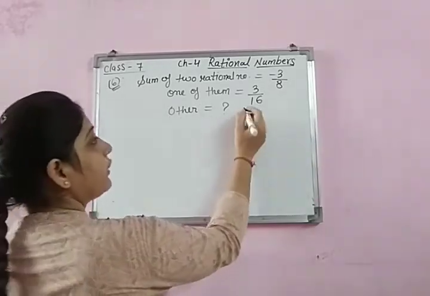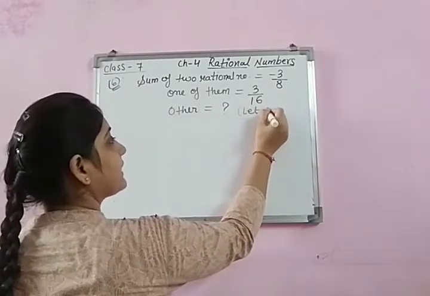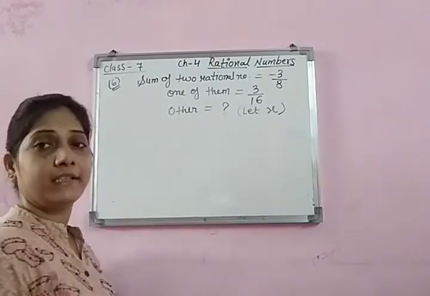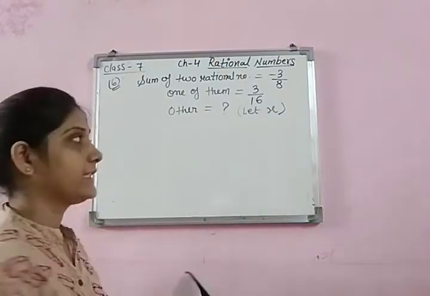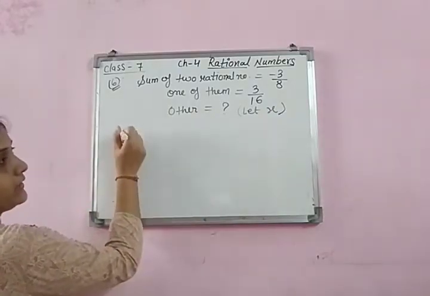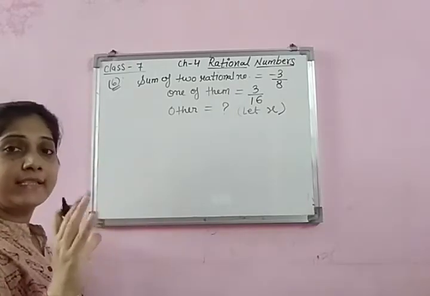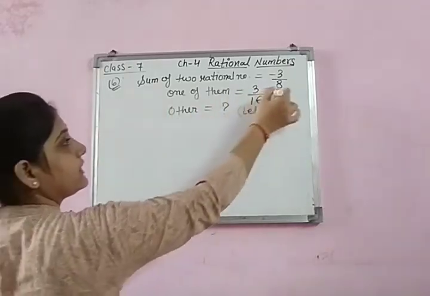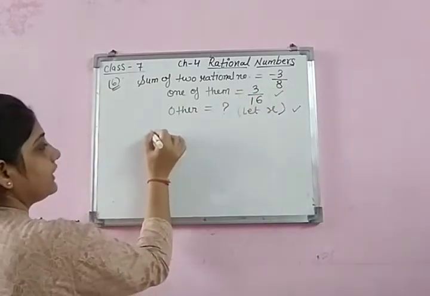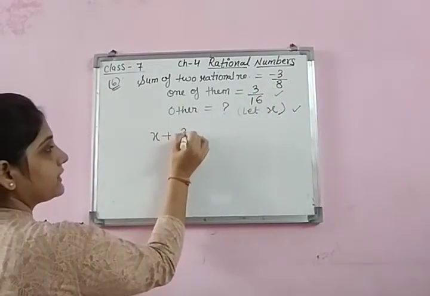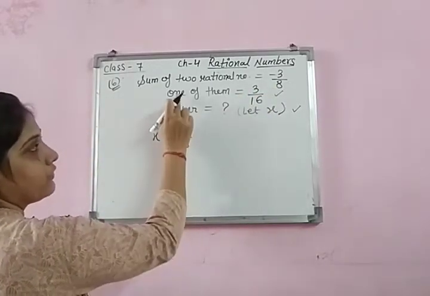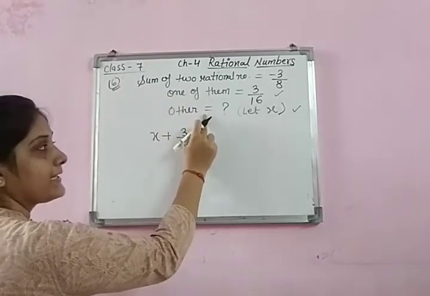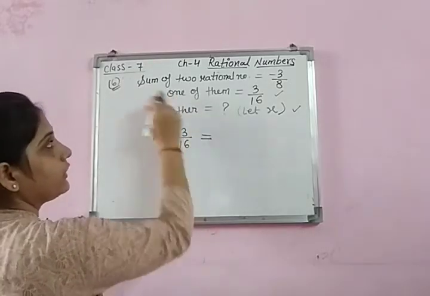So the other, if we want to find, can it be considered as x? Let the other rational number be x. Now how to frame the equation? We are doing the sum of first and second. So this is first and this is second. So let's add these two. x plus 3 by 16. So the addition of first and second will be equal to the sum.